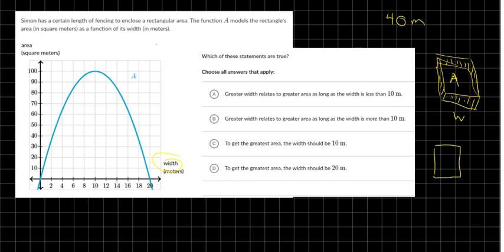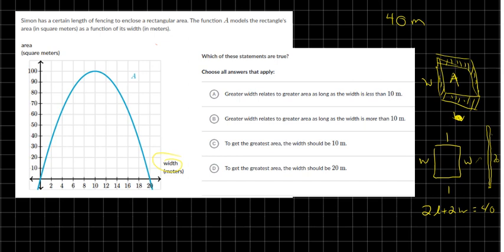Actually, I'm going to call this one over here width. There I have a width and I have a length. On this side I also have another length and another width. So 2w plus 2l is going to equal 40. If we have 20 over here, then that's a really long one with basically 0 length, and then a width of 20.